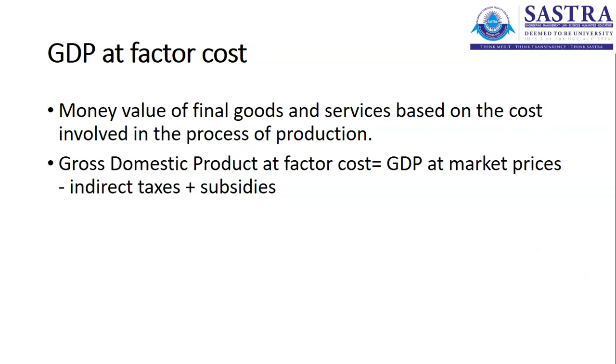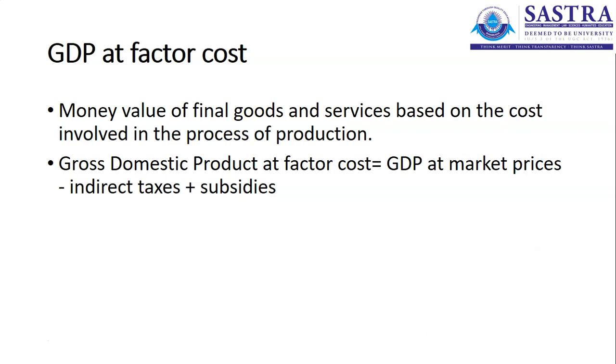It is the money value of final goods and services, based on the cost involved in the process of production. In that value, the factor cost covers the factors deployed for producing that particular good or rendering that particular service. At that cost, the GDP is calculated, so we know that is the factor cost calculation of GDP.